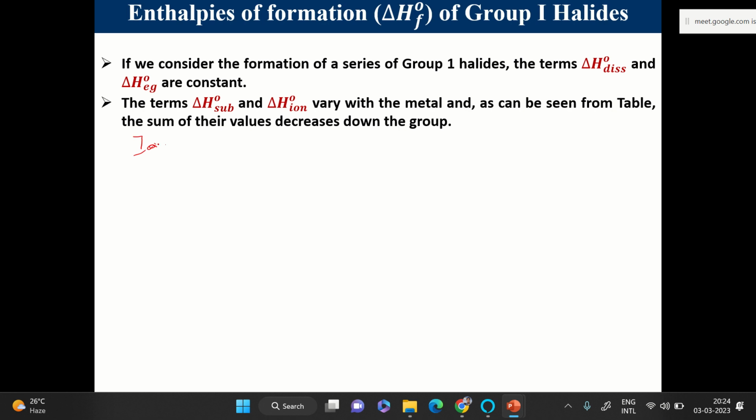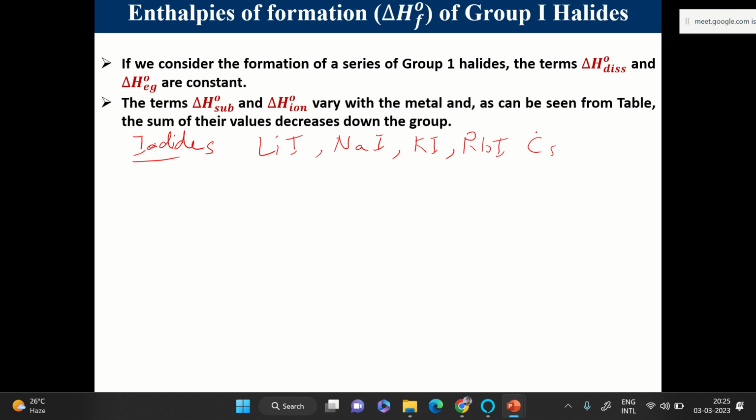Let's analyze iodides, from lithium to cesium: lithium iodide, sodium iodide, potassium iodide, rubidium, cesium.